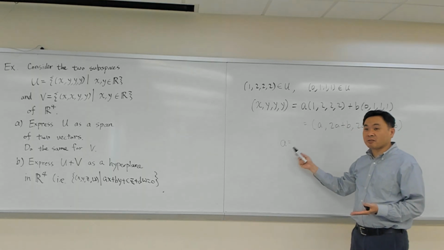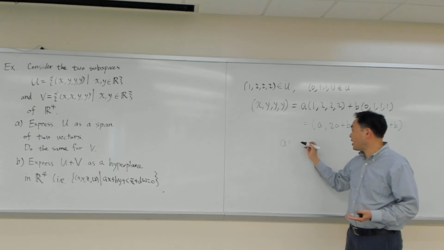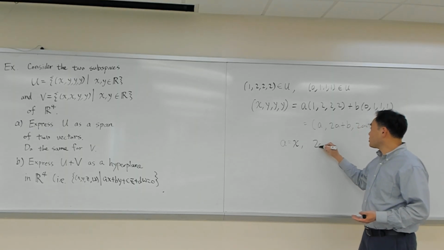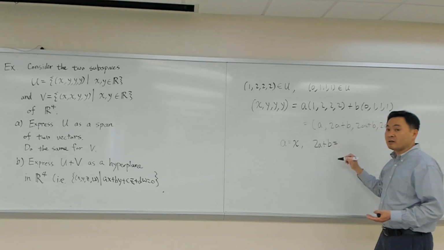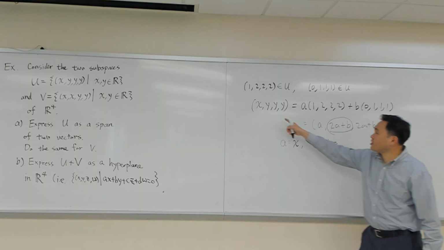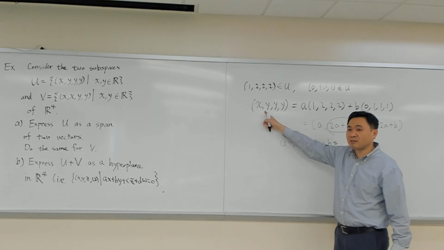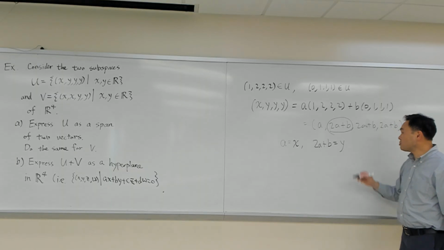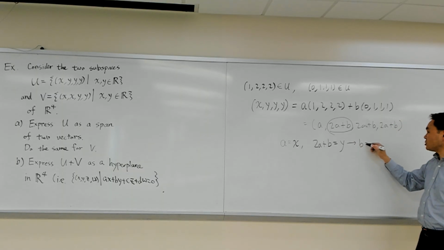The only way that these two could be equal is when A is X. And then 2A plus B must be Y, since the second component has to be the same as this one, right? So that means B has to be Y minus 2A.